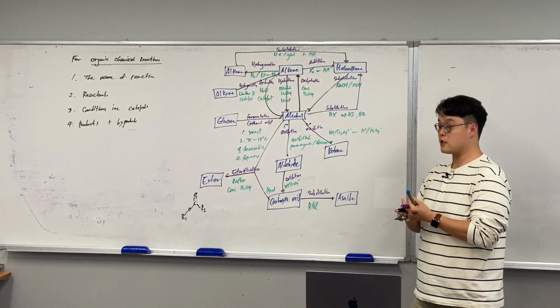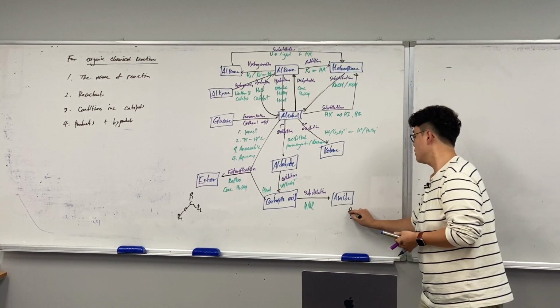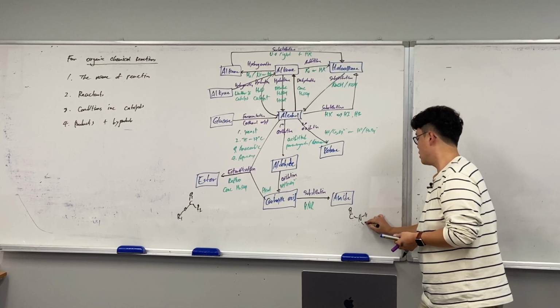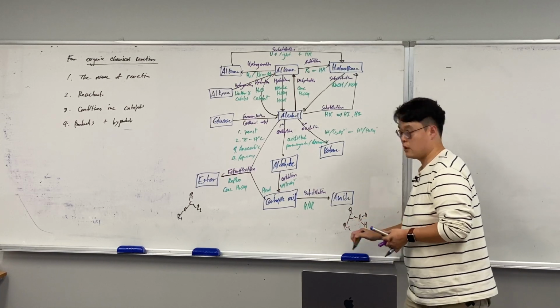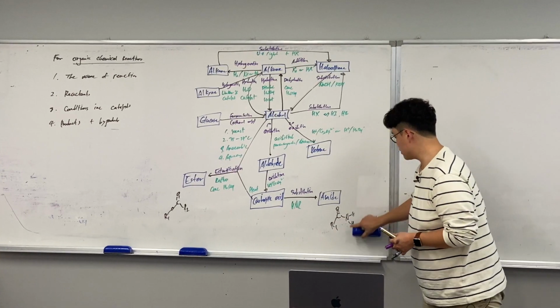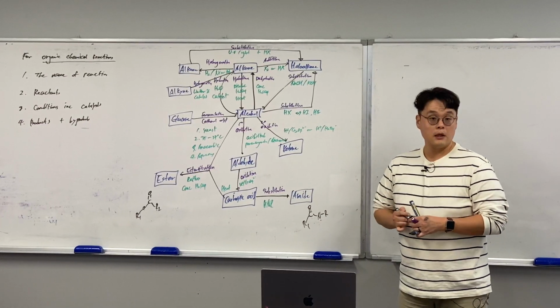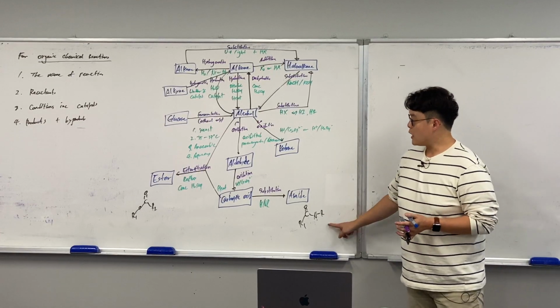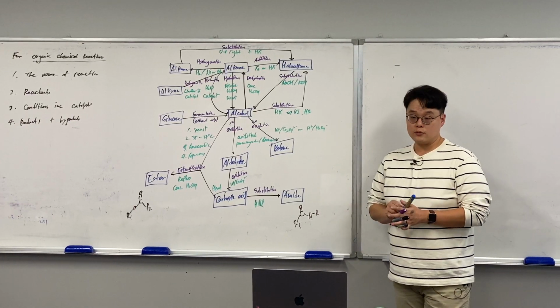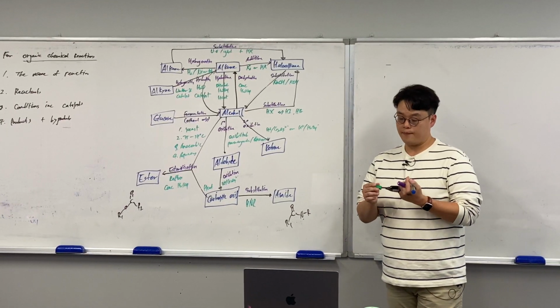Amide, if you remember, looked like this with a carbonyl with the NH or NR, or NR2 I should say. It depends on what they have. So we're going to go through the reaction of this amide as well as part of chapter 5 today.